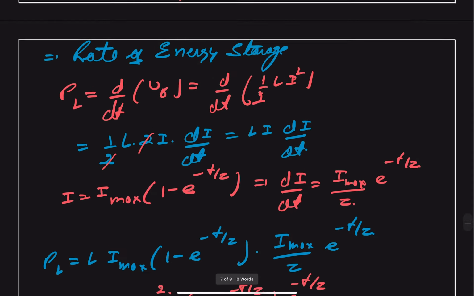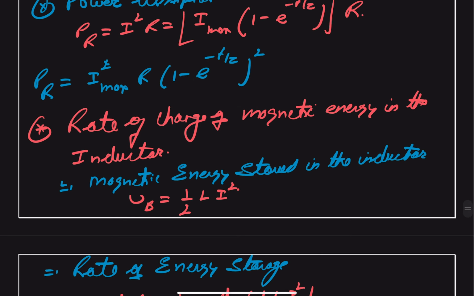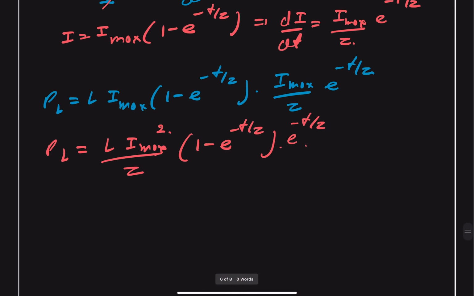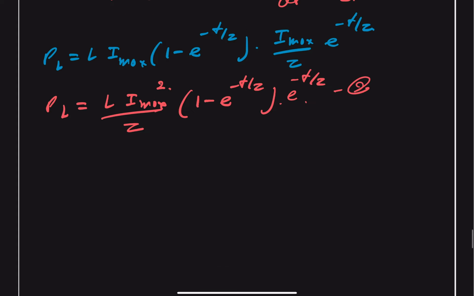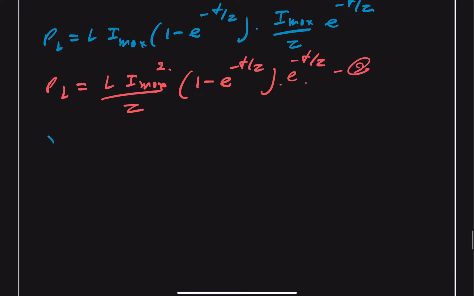And in the question it is given that the power dissipation in the resistance and rate of energy change in the inductor are equal. For that we have to find out the time t. So using equation 1 and 2, we have P_R is equal to P_L.